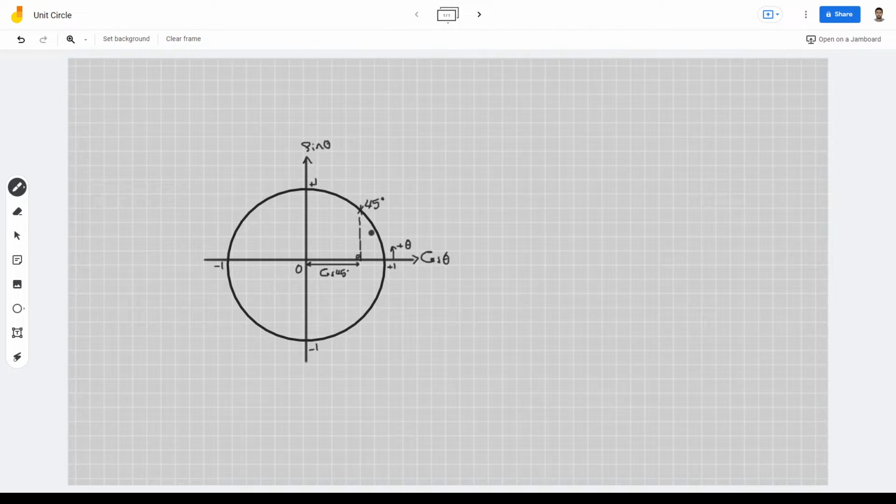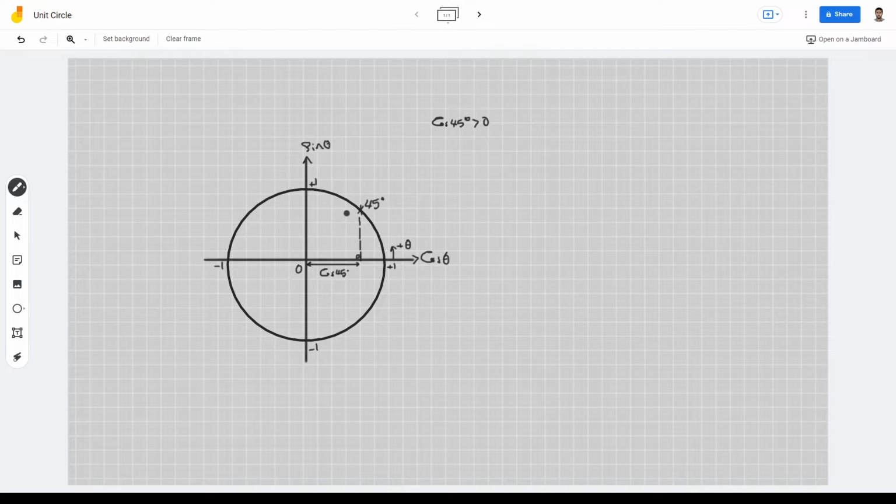If I ask you whether cos 45 degrees is positive or negative, you say that the projected point of 45 degrees on the cos axis is on the positive side, on the right side of the origin. So cos 45 degrees is positive.